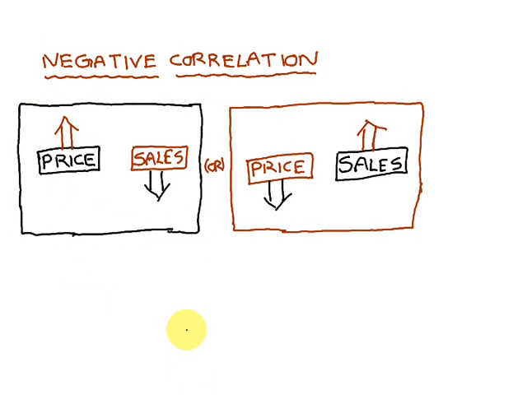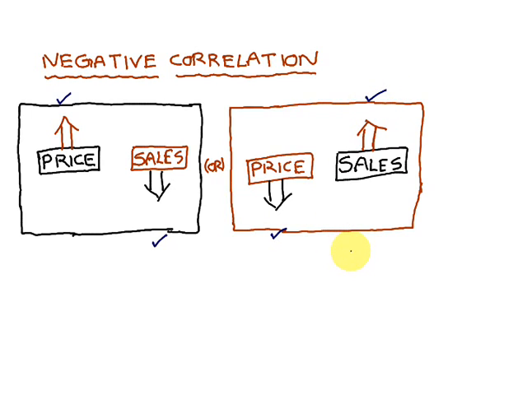In negative correlation, we discuss the same price and sales, the relation between the price and sales only. If the price increases, sales decrease. And similarly, if the price decreases, sales increase.